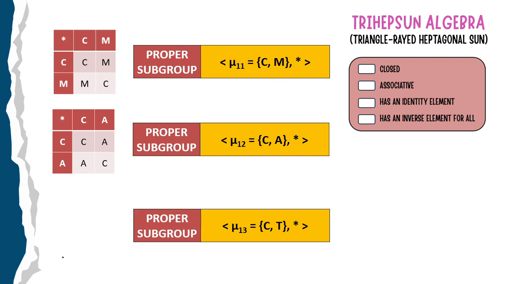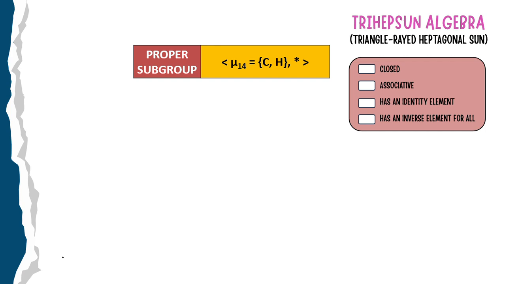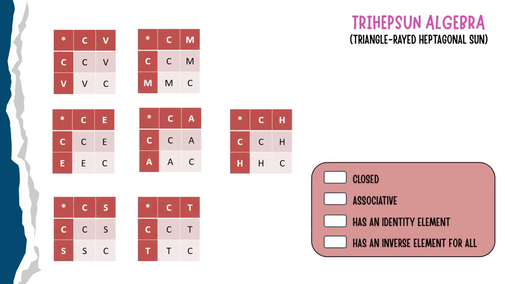For another proper subgroup and its table. Another one, the last one is this one. So let's check them all together in order for us to see that it is closed.